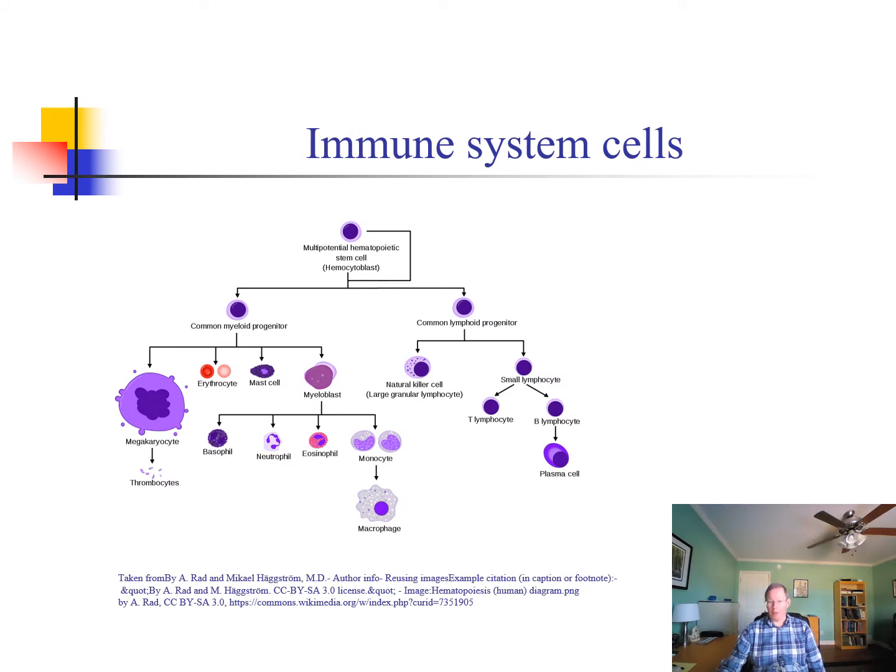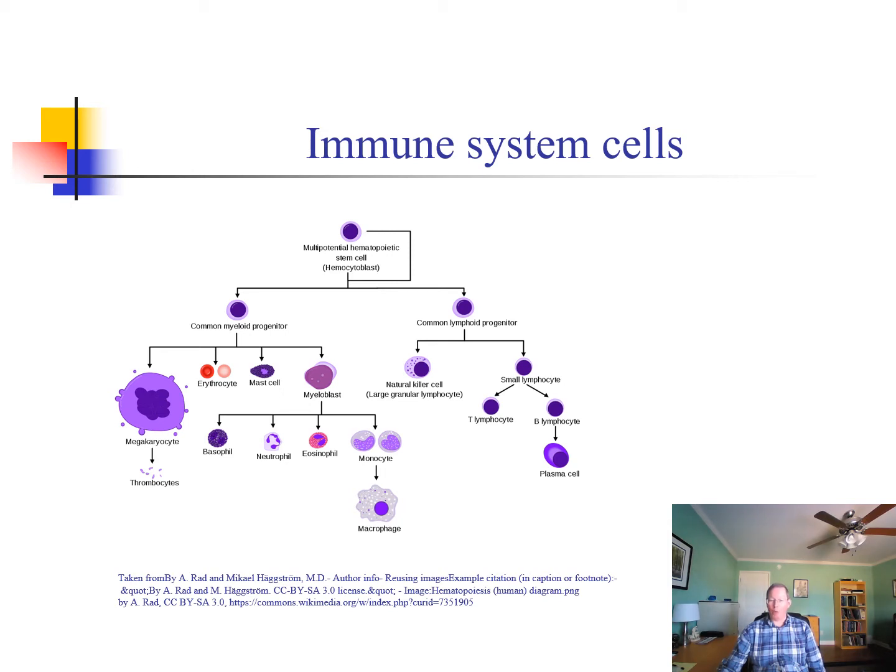Now let's talk a little bit about those immune cells. They arise from stem cells, and if I look at those stem cells, I notice that they sort of branch in two ways. They can branch off into a myeloid cell line or a lymphoid cell line.